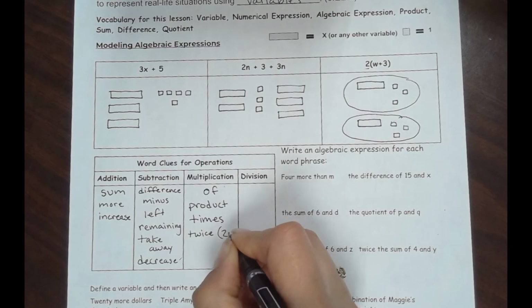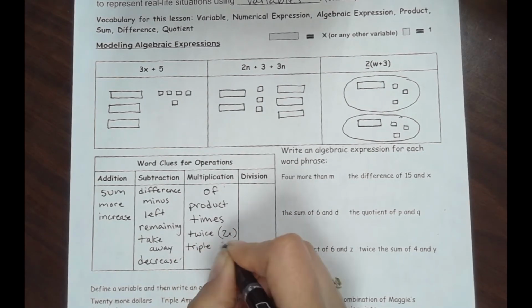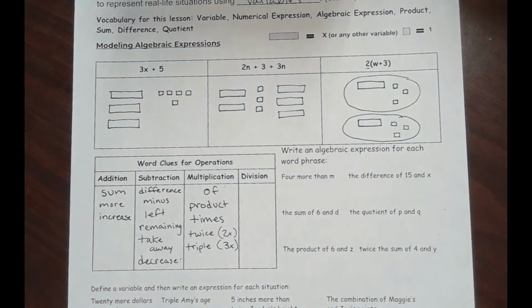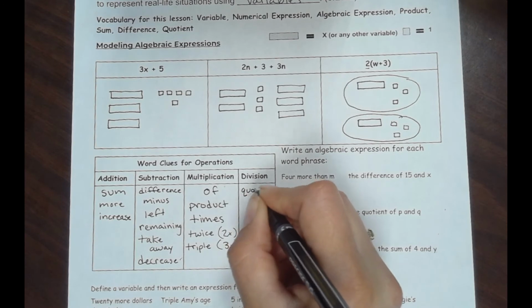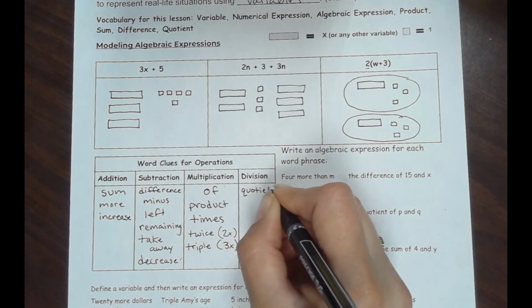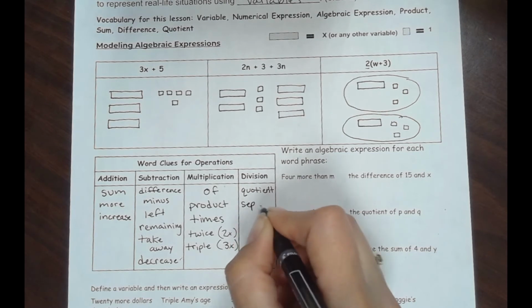Usually means 2 times. Or triple. That's another timesing word. That one's special though for 3 times. Okay, division is quotient. Separated evenly.